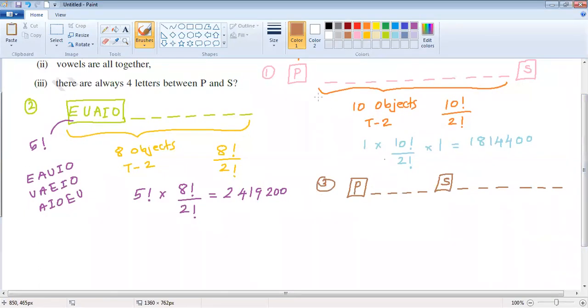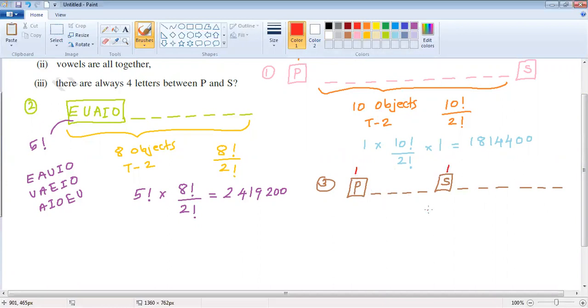So this is one way. Here P is in the first position and S is here. Now you can't do anything with that, it is possible only in one way.